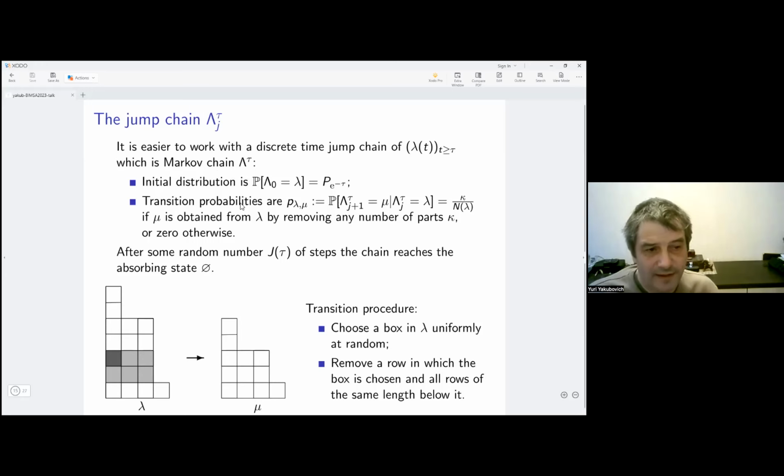And so it has a somewhat simpler description, because now we have just a sequence of partitions, which is obtained as follows.